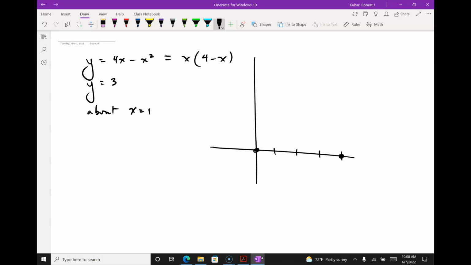But I want the cutoff at 3. I want to see where it is hitting at 3, right? Because that's one of my bounds. So I'm actually interested in 4x minus x squared equals 3.